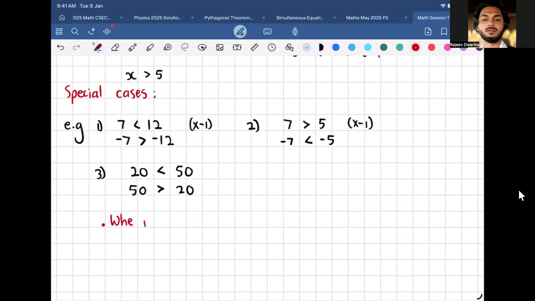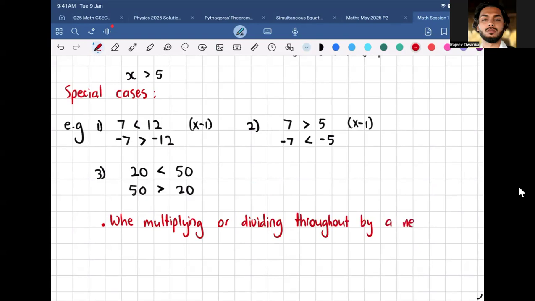When multiplying or dividing throughout by a negative number, the inequality sign changes.